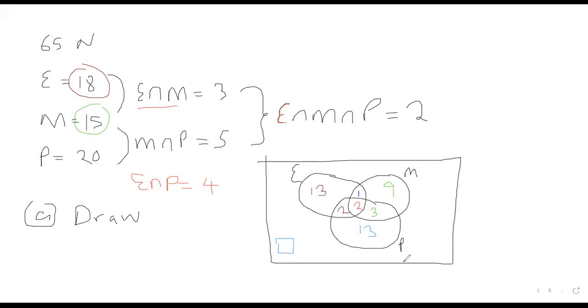What about 22? So we're going to get the 22. How are we getting the 22? We are adding all the numbers, then we subtract the total from the 65. Okay. Anyone lost so far?